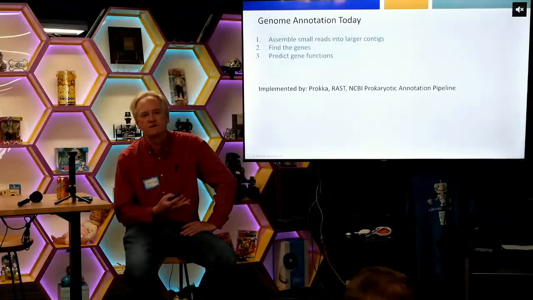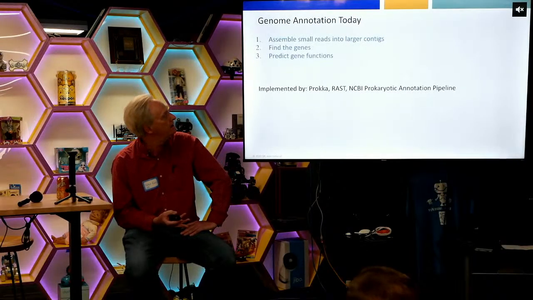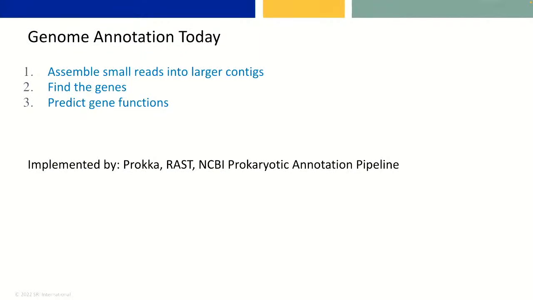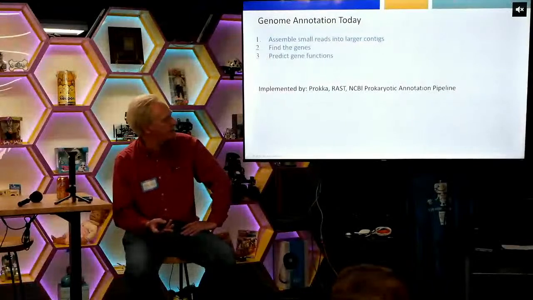So here's what I see as the standard paradigm of genome annotation now. You take your reads off your sequencer, you assemble them into larger contigs, you run gene finding programs to find where the genes are, and then you use tools like BLAST and HMM searches to predict the functions of those genes. I think that's what most people think of as the standard paradigm of genome annotation.